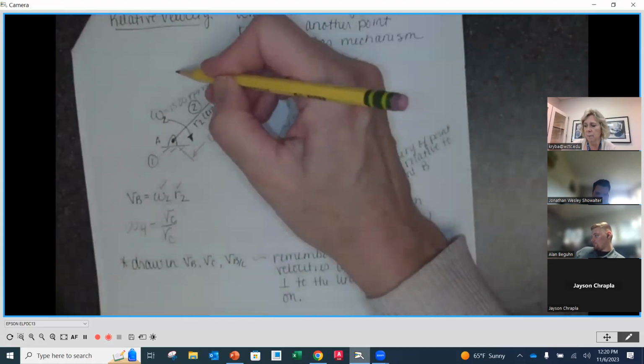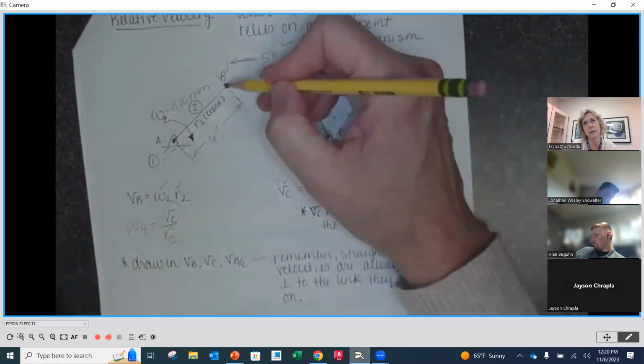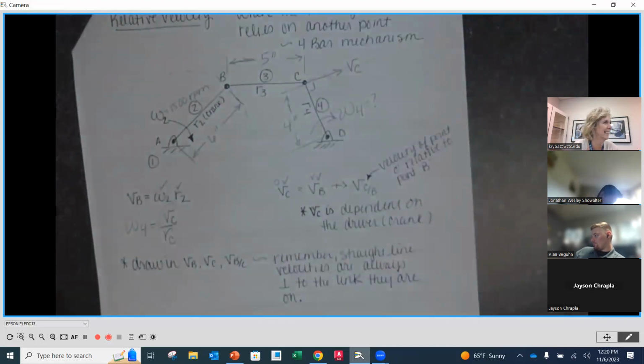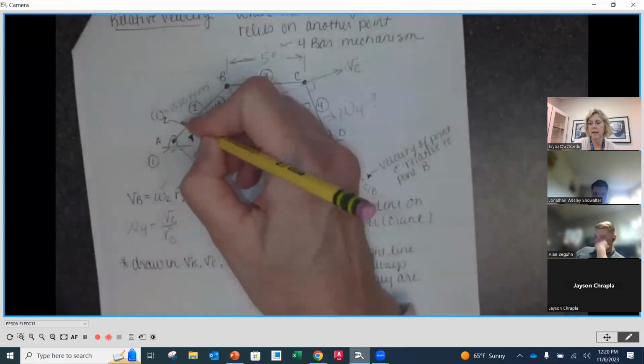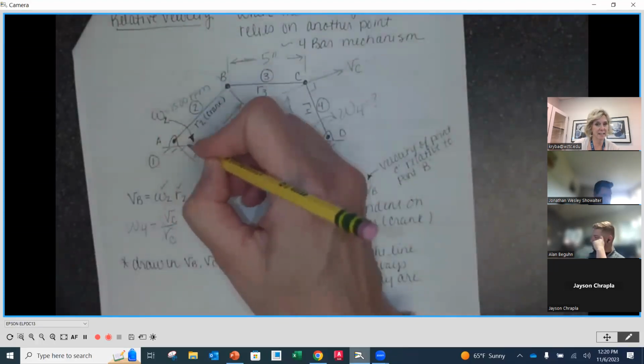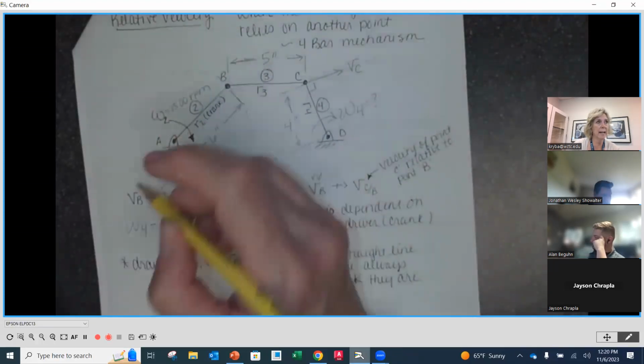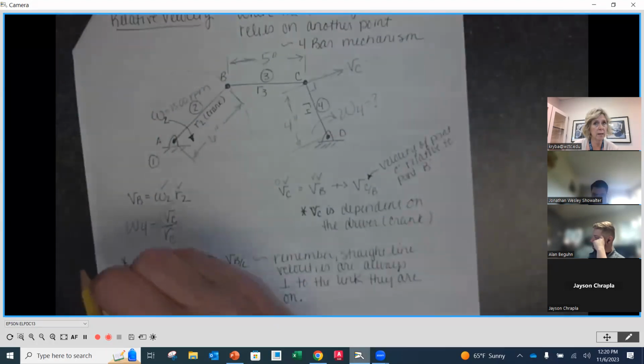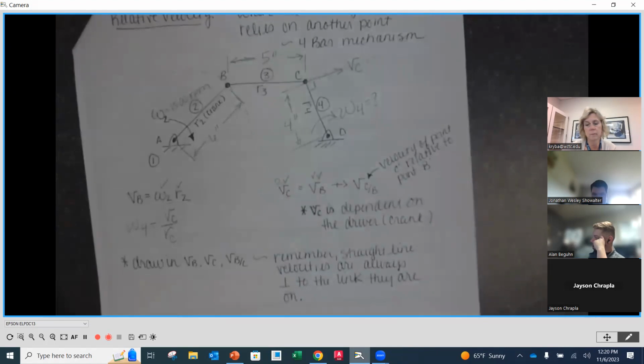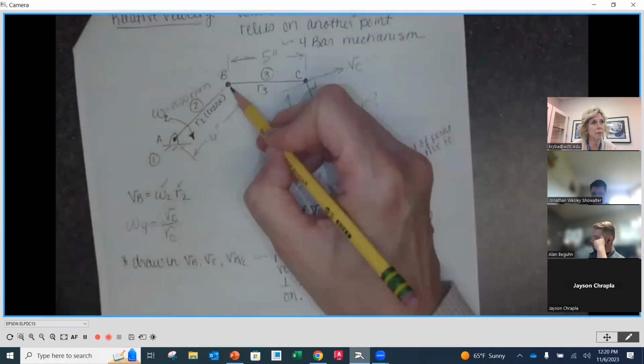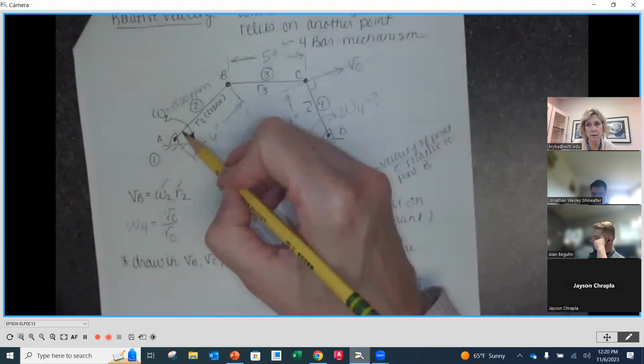Down and to the left or up and to the right? Or down and to the right or up and to the left? Why do you say down and to the right? That's correct. Yep, it's in the direction of rotation, and it needs to be perpendicular to the length of the radius back to the center of rotation.